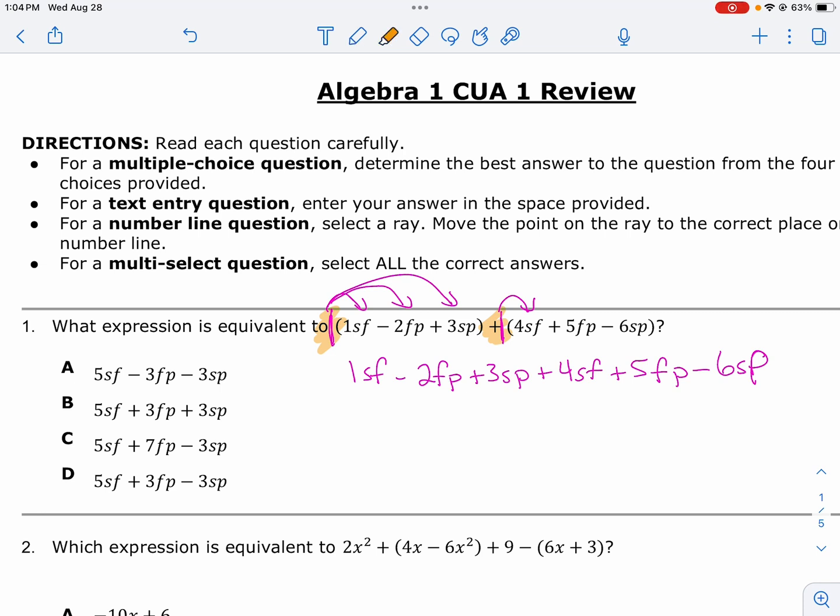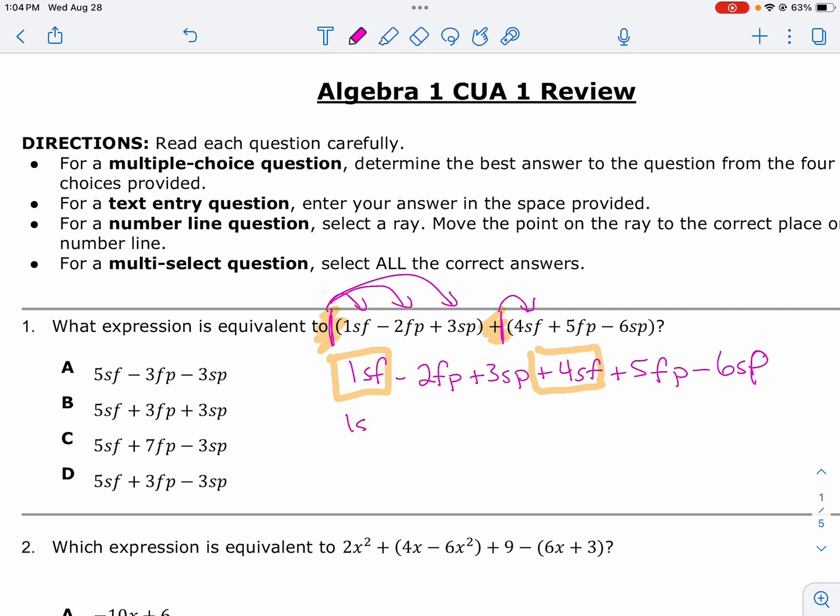Combining like terms means find things that have the same variable and exponent, or constants that have no variable or exponent. So the very first thing I see is a 1SF. So I'm going to scan the rest of the problem and see if I have any SF combinations. And I do. About halfway down, I have a positive 4SF.